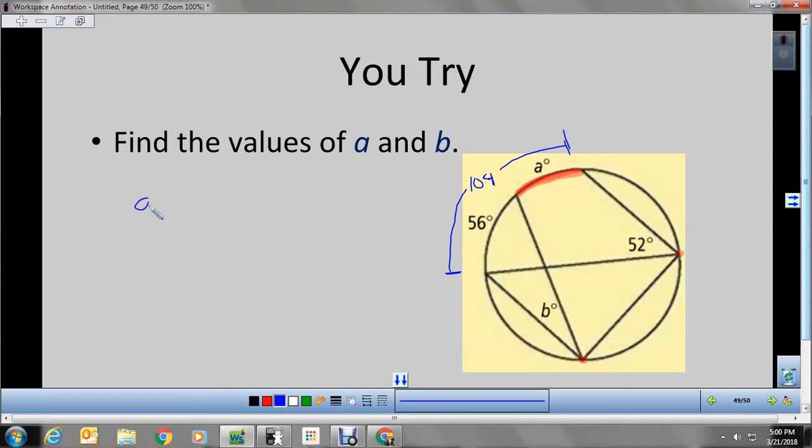So to find the measure of A, you're going to take 104 minus 56. So A is equal to 48. Now let's look at B. B is an inscribed angle here that opens up to arc 56. That means it's going to be half of 56, which is 28.